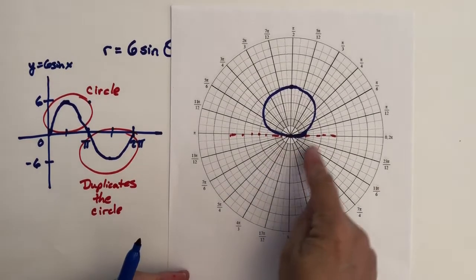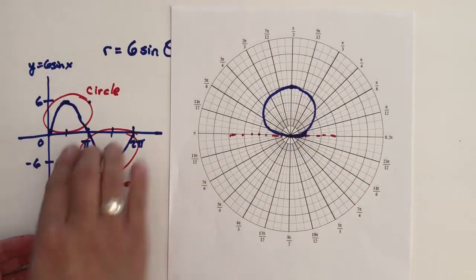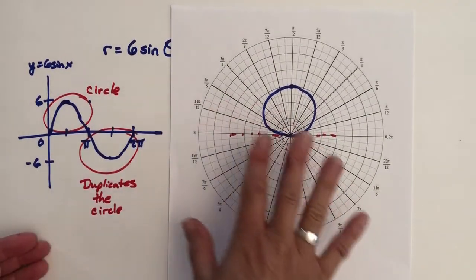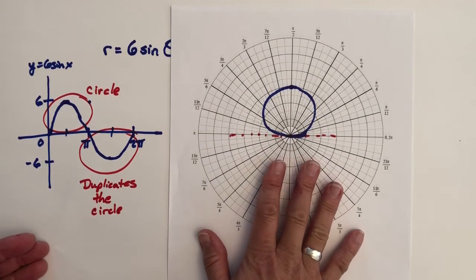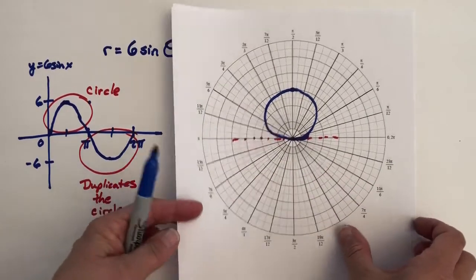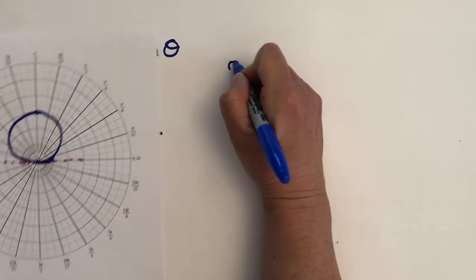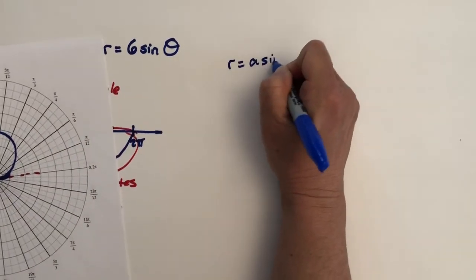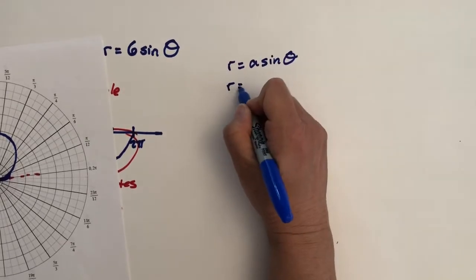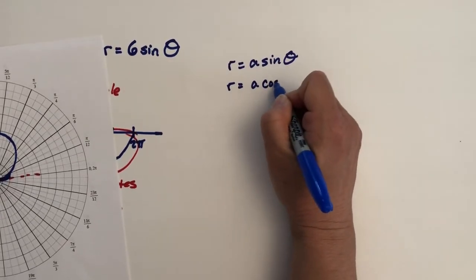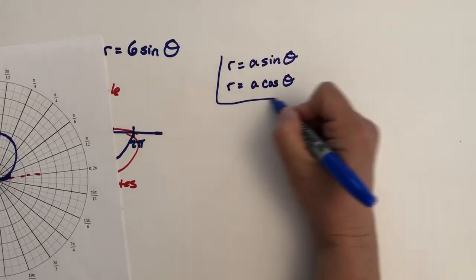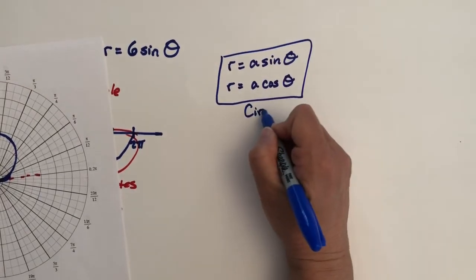But we can figure out the orientation by just looking at our rectangular grid and translating it into a polar graph. So let me be clear. If you have r equals a sine theta or r equals a cosine theta, you will have circles.